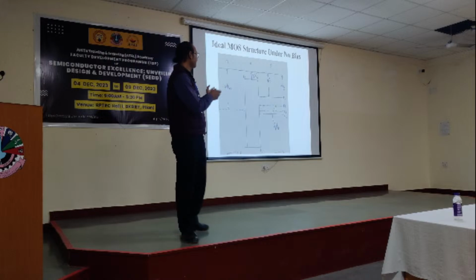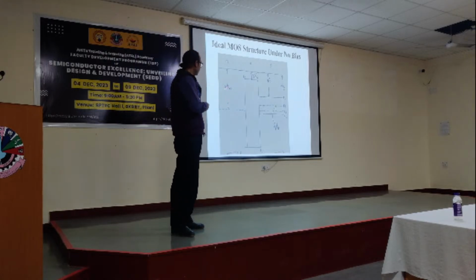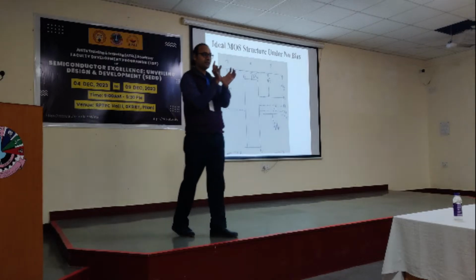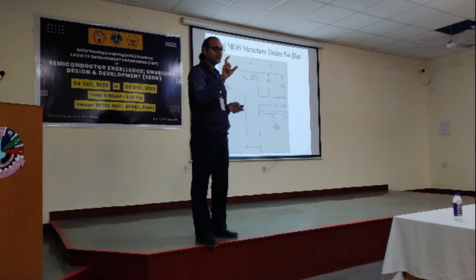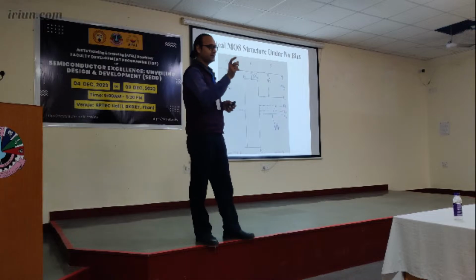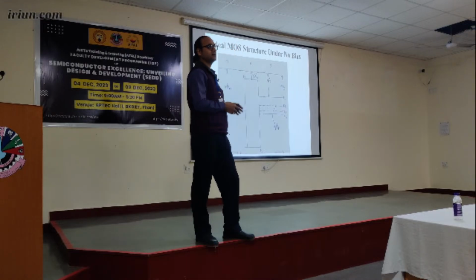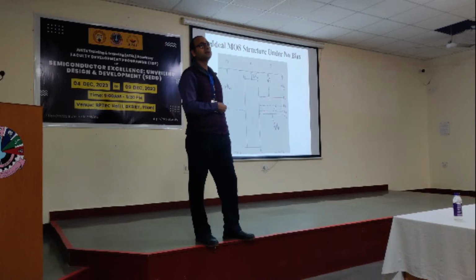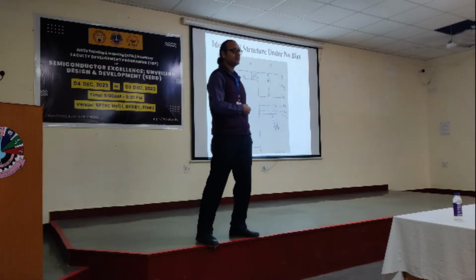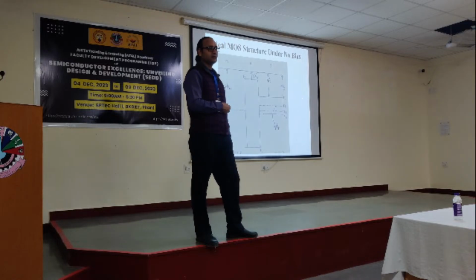So now if I combine two factors, the difference in the work function and those oxide charges, the flat band condition becomes phi ms minus whatever is the charge divided by the oxide capacitance. Why that? We know the voltage and capacitance charge relation, that is Q by C. I hope everybody knows this.